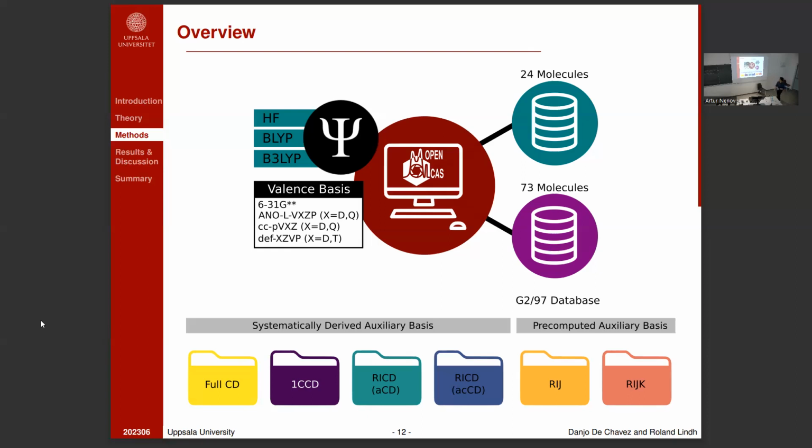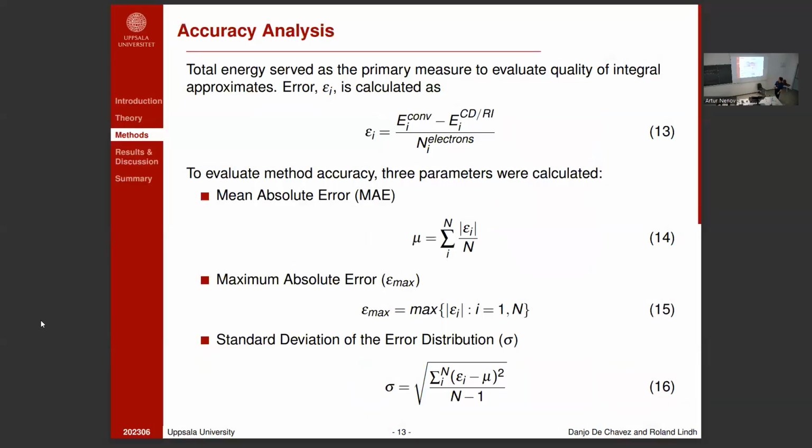For pre-computed auxiliary basis sets, you use RIJ and RIJK. To test the accuracy, we just use the total energy, calculated as equation 13, where E conventional is the exact or conventional way of calculating the integrals. We also use statistical measures such as mean absolute error, maximum absolute error, and standard deviation of the error distribution.